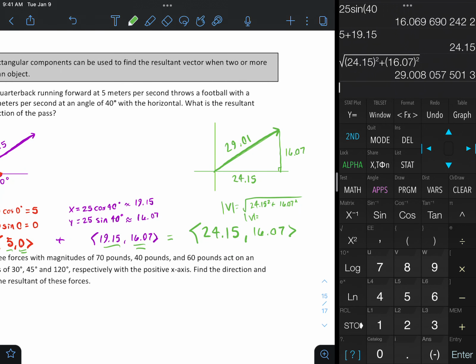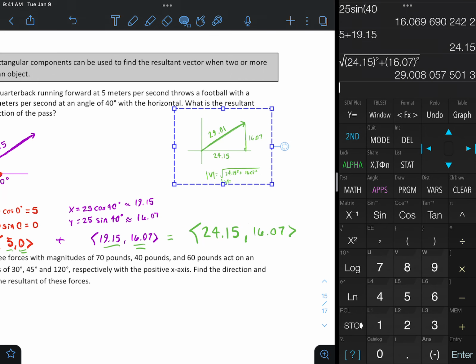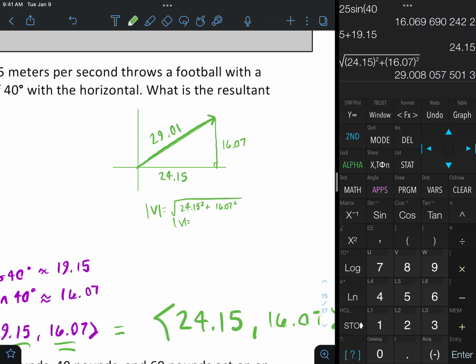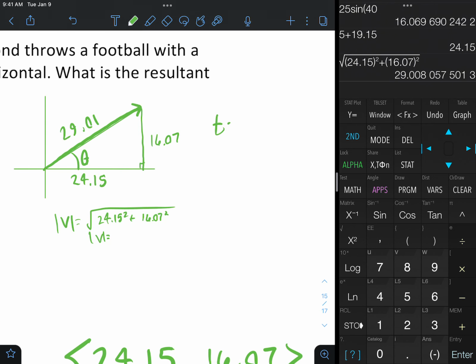And then a lot of times they'll also ask you for the direction of it. So let me make that a little bit smaller. As far as getting the direction of it, it's essentially just asking for your angle. And we'll just set up a tangent equation for that. We'll say tangent of theta equals the opposite over the adjacent.